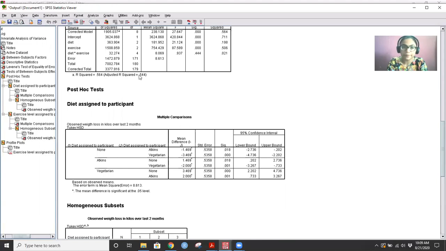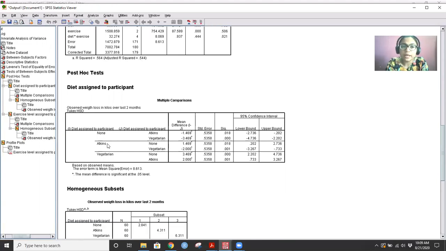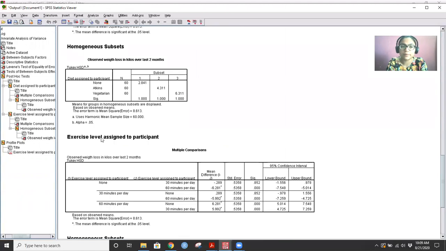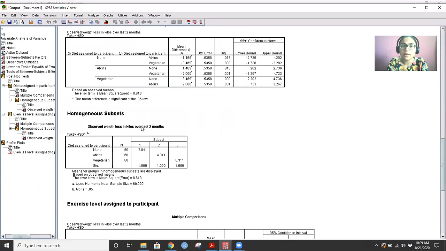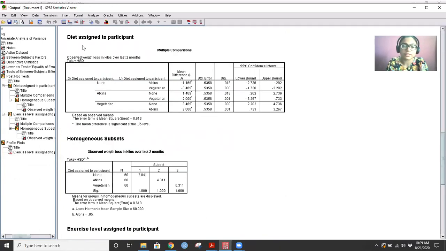Okay, so for that we're going to have two different tables. One would be with respect to my one categorical variable, that is diet, and the second table would be with respect to my second categorical variable, that is exercise. Okay, we're going to interpret them in steps. So let's go about it.